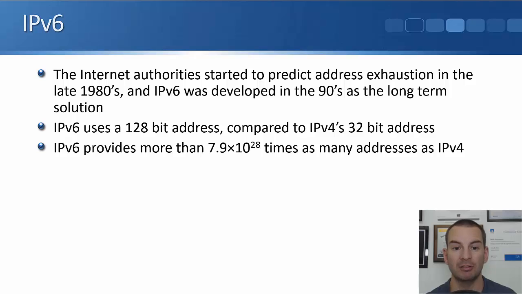The IPv6 address space is actually 7.9 times 10 to the power of 28 times as many addresses as IPv4. So there's a huge amount of addresses with IPv6, and it was developed in such a way that we should never run out of addresses again.